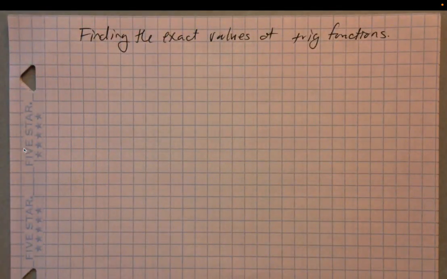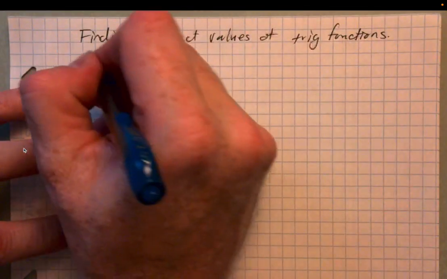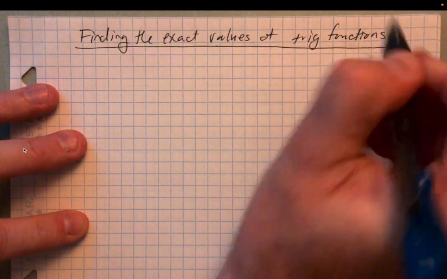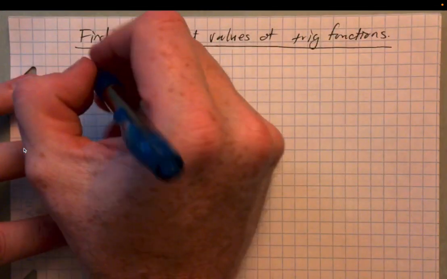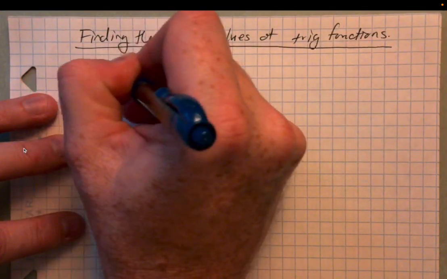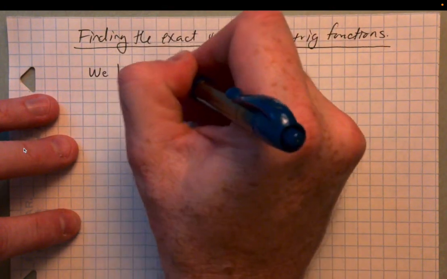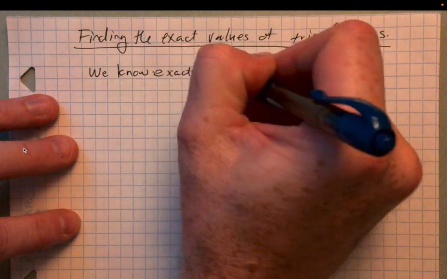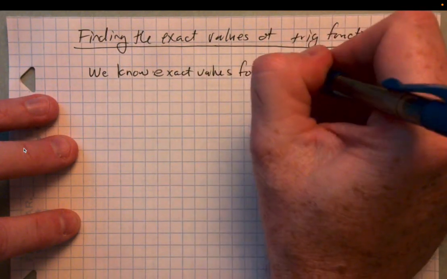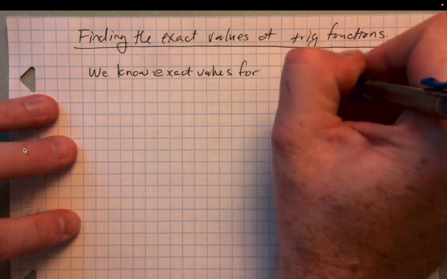Okay, so what we've done so far is we know, given the definition that we're working from, the exact values for, well, really the only one we've done so far is theta equals pi over 2.